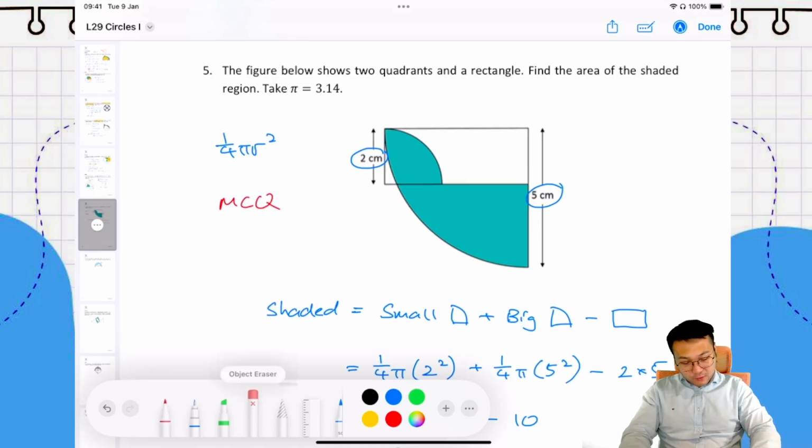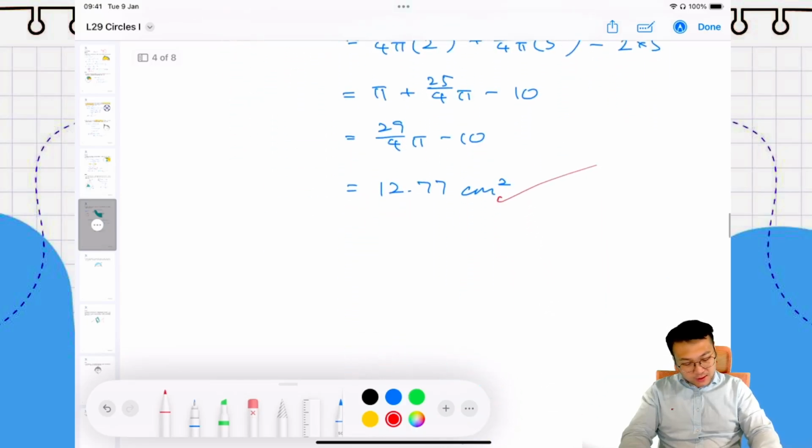And if it is an open-ended free response question, then they will tell you to leave your answer in one decimal place, or sometimes in 3 significant figures, or sometimes 2 decimal places, which is quite rare. So if it is 1 decimal place, you round it up, and you get 12.8. There you go.